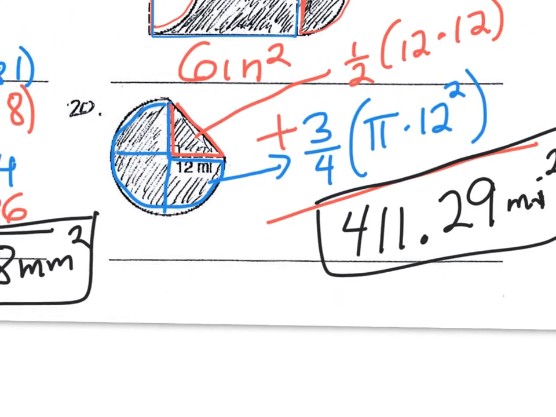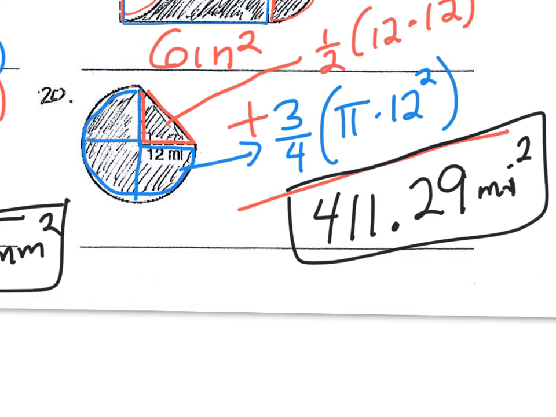And in number 20, you can do it different ways, okay? What I did is you can get the area of the circle, and the area of the circle is pi radius squared, which is pi times 12 squared. So that gives you the whole circle right here, okay?